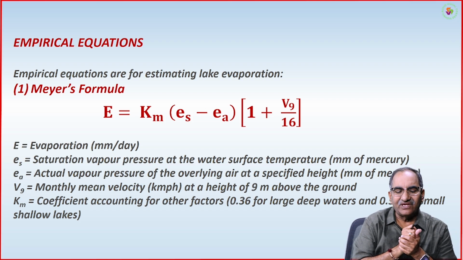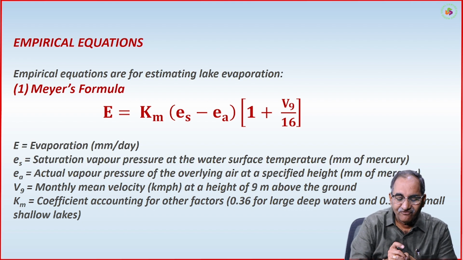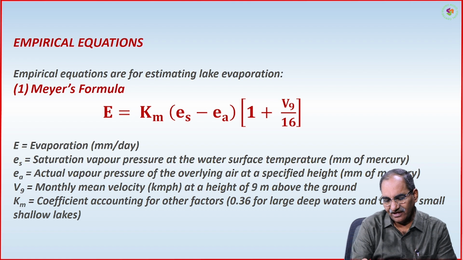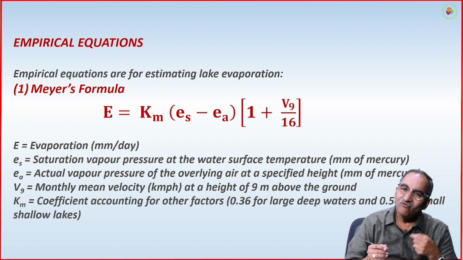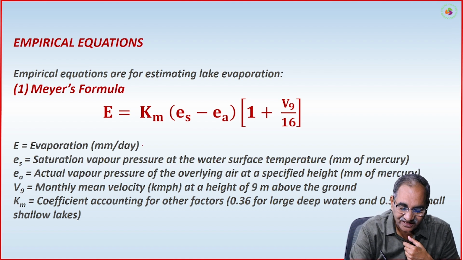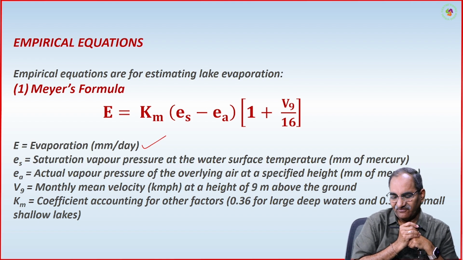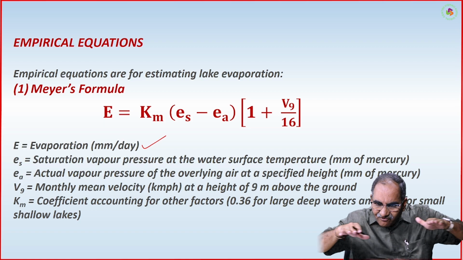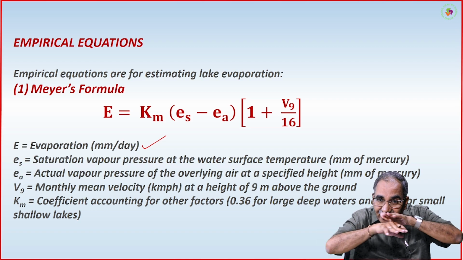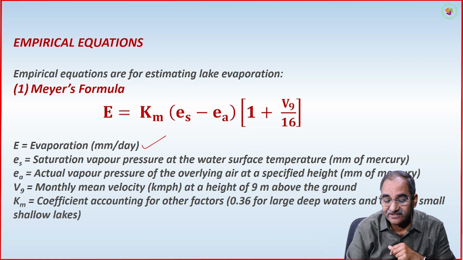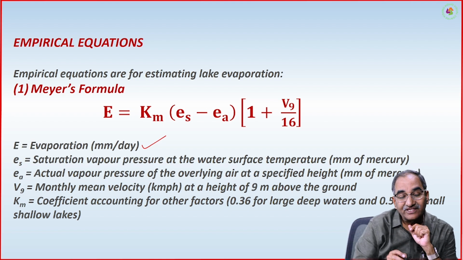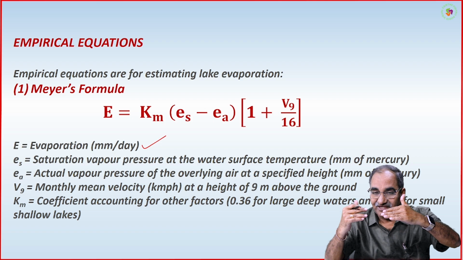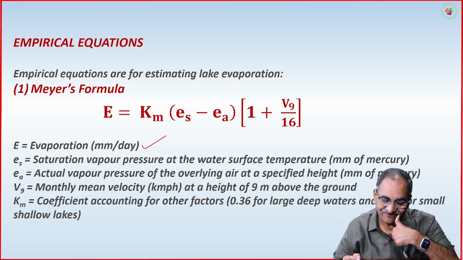This empirical equation is given by Meyer, wherein evaporation is equal to Km into (Es minus Ea) into (1 plus V9 by 16). What does each term represent? E is evaporation per day, in terms of mm. Es is the saturation vapor pressure at the water surface temperature. Ea is the actual vapor pressure above the water surface at a specified height.